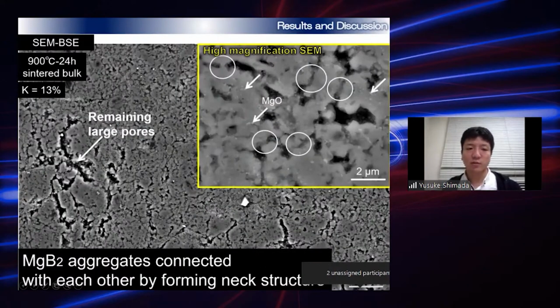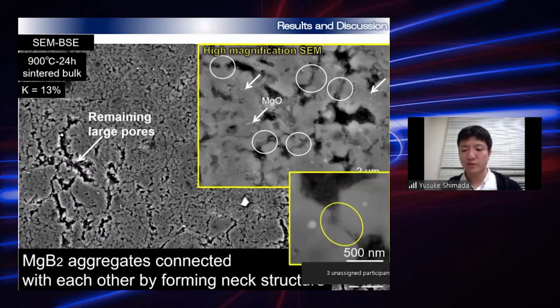After sintering for 24 hours, many aggregates connect with each other, but from this high magnification image, this connection area is too narrow, and we call this area the neck area.